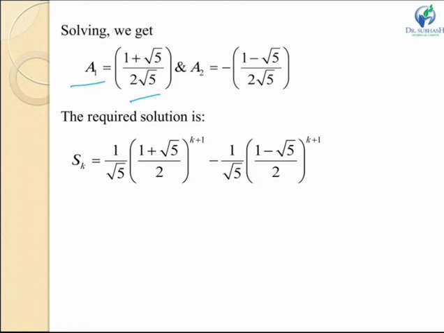Now I will substitute these values in the equation of S_k. So I get S_k equal to, taking root 5 common here, 1 by root 5 times ((1 plus root 5) by 2) raised to k plus 1, minus 1 by root 5 times ((1 minus root 5) by 2) raised to k plus 1.